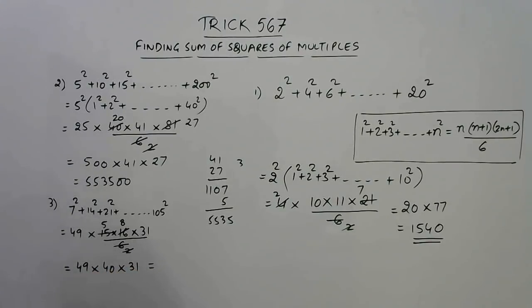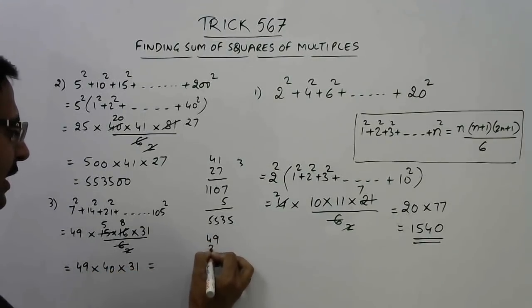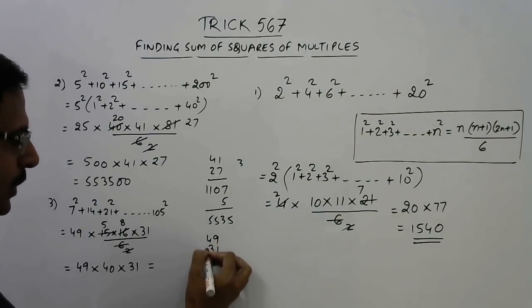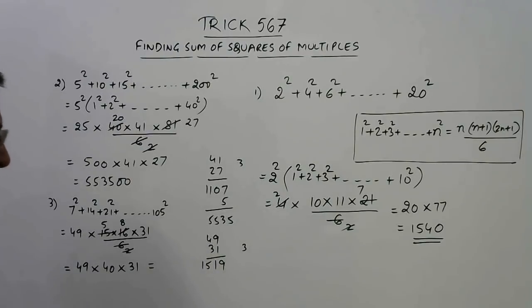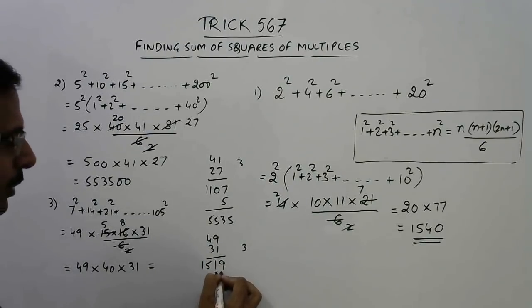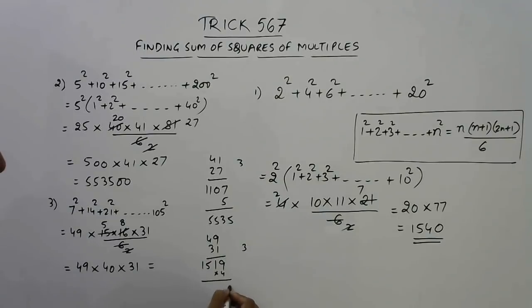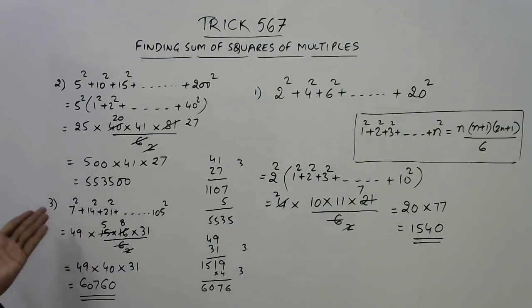So just multiply 49 and 31 first, 1519, and further multiply by 4, 6076. So we have the final answer 6076 followed by 10, that is 60760, which is the sum of squares of first 15 multiples of 7.